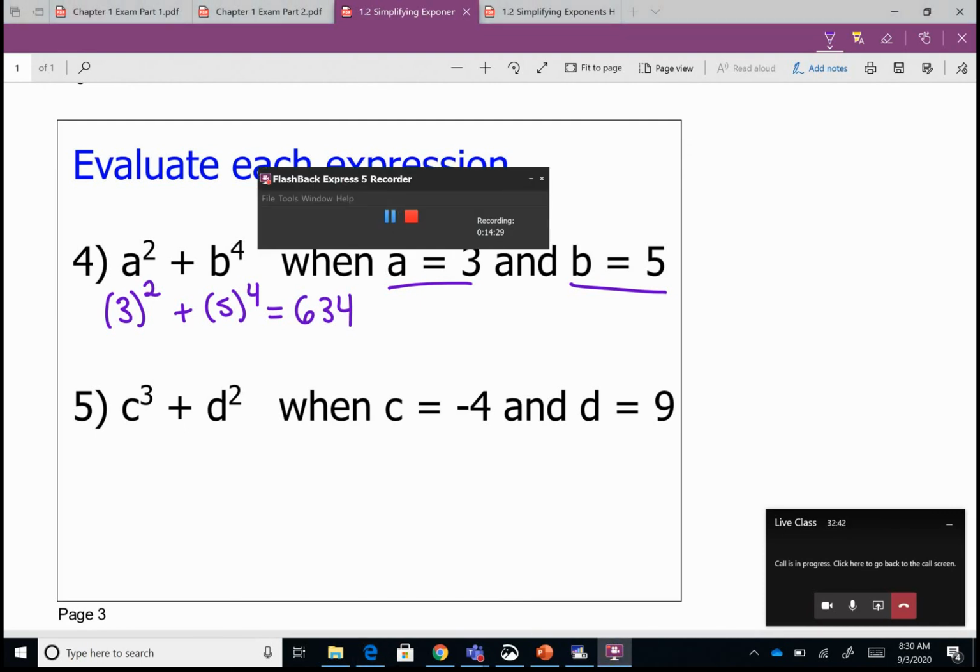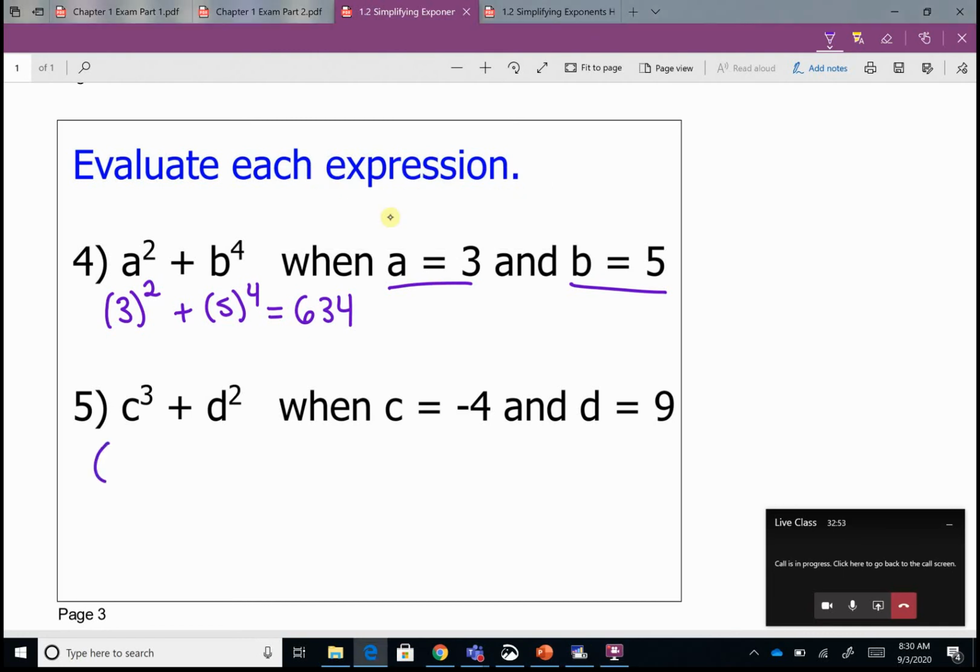Number 5, guys, as I walk around, number 5 is looking really, really good. Wherever I see a C, that's kind of funny to say, wherever I see a C, I get to put -4. And wherever I see a D, I can put a 9 in its place. What did you guys come up with when you put that in your calculator?